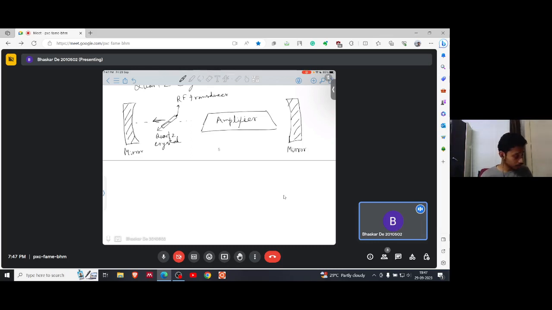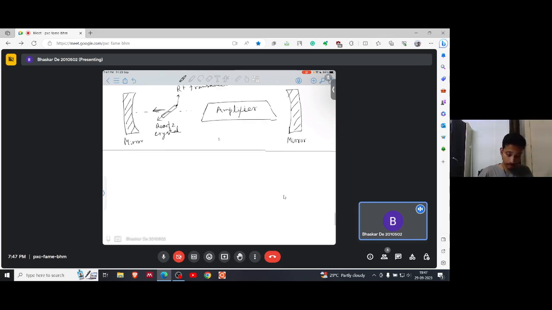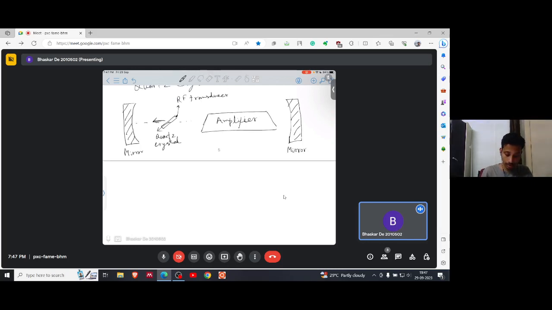So when this field is applied during the time the amplifier is being pumped, the laser beam is deflected out of the laser cavity by an effective diffraction grating that is established by the acoustic waves propagating by the RF signal. So when there is the RF signal, a diffraction is created here.